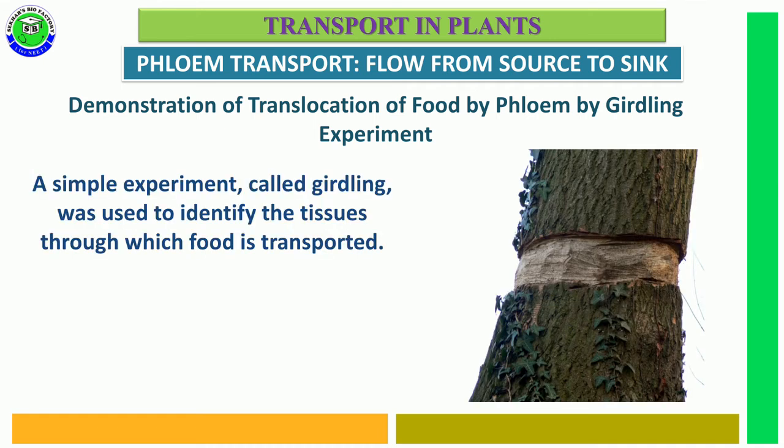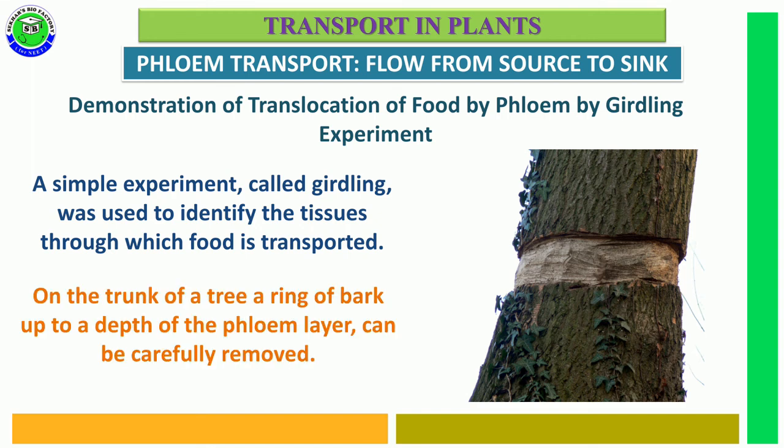It is a simple experiment, used to identify the tissues through which food is transported. For this, on the trunk of a tree, a ring of bark up to the depth of the phloem layer is removed carefully.